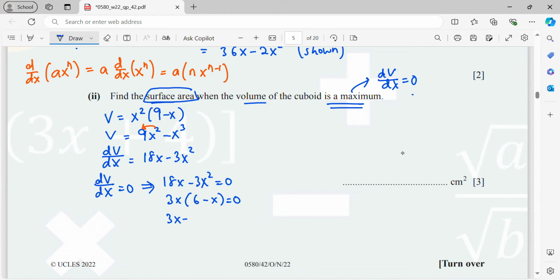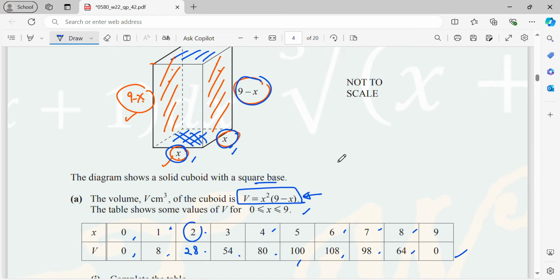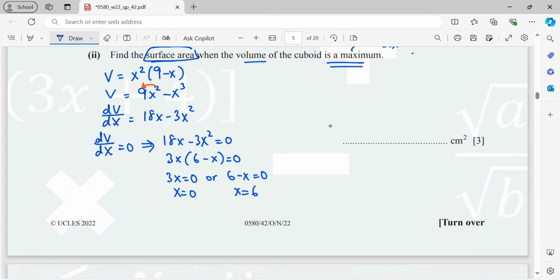Either 3x equals 0 or 6 minus x equals 0, which means either x equals 0 or x equals 6. But when you refer back to the cuboid, x is the length of the base, the square. That means your x cannot be 0. Therefore, your x is 6.